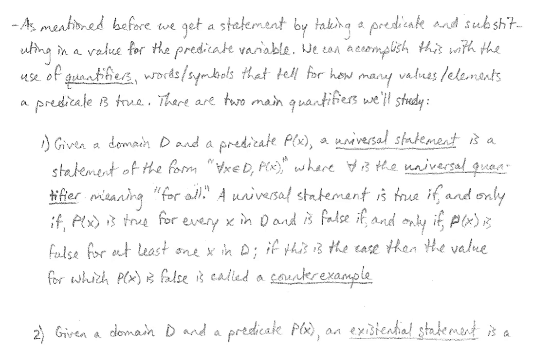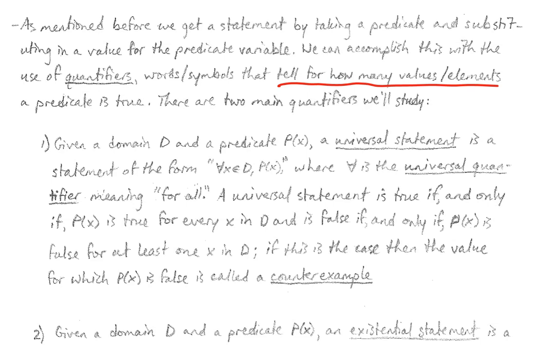And take this little phrase right here, tell for how many elements or values. We're not necessarily assigning a specific number to that with these quantifiers. We're just talking three really main types of numbers, and I put numbers in air quotes.